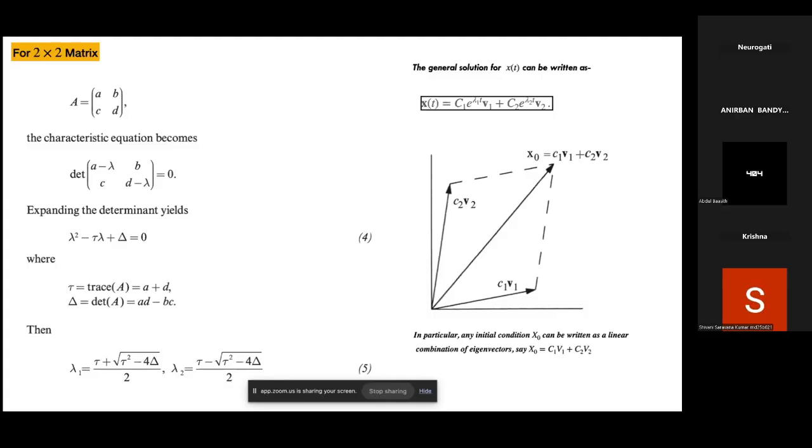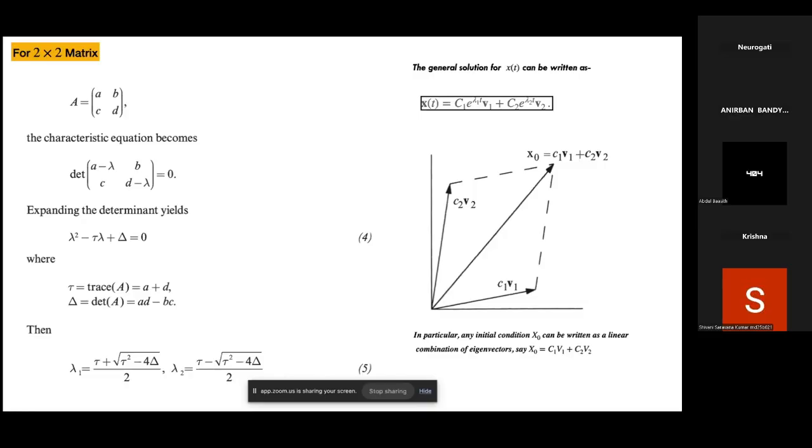We can calculate the trace, a plus d, and the determinant, ad minus bc. We can also get the determinant by multiplying lambda 1 and lambda 2, and the trace by simply summing the two eigenvalues, lambda 1 plus lambda 2.